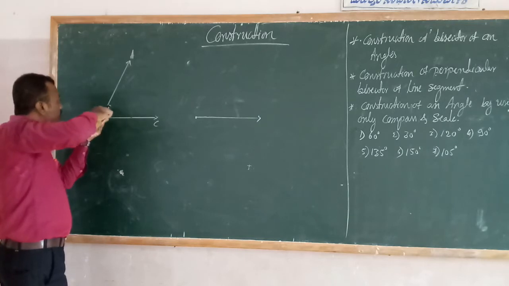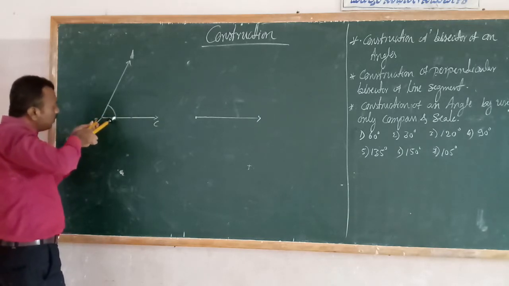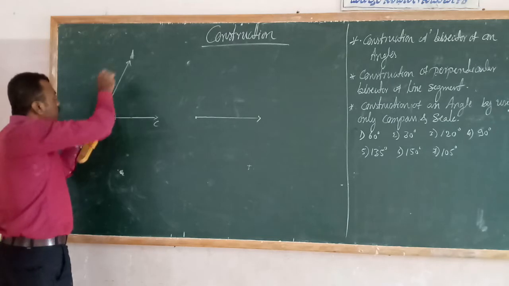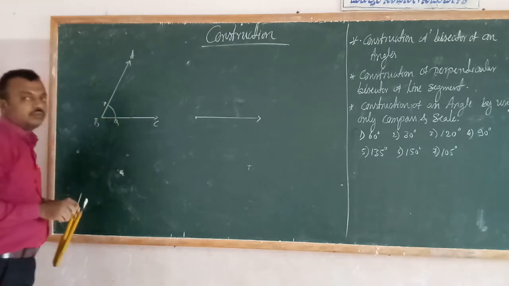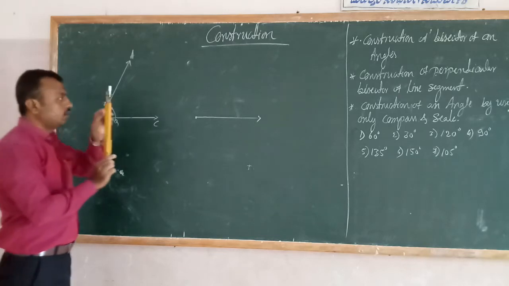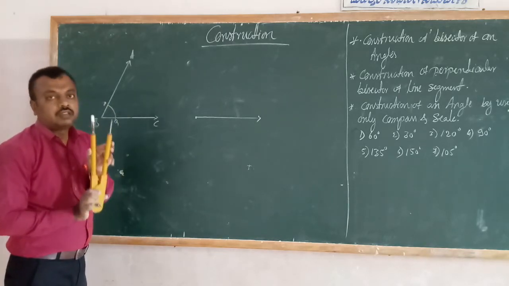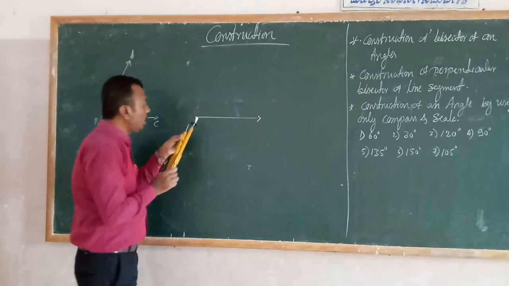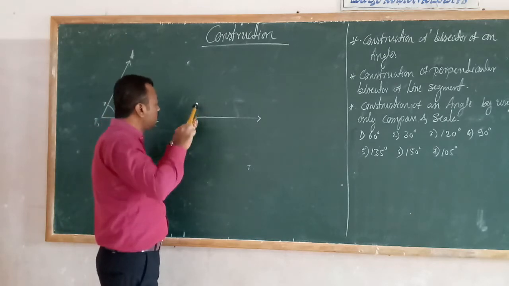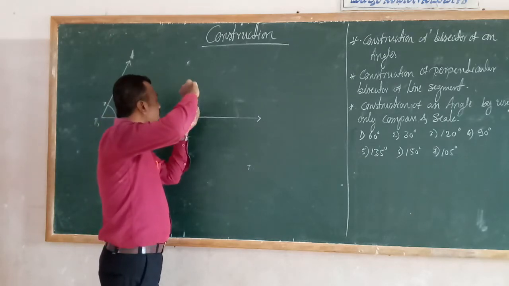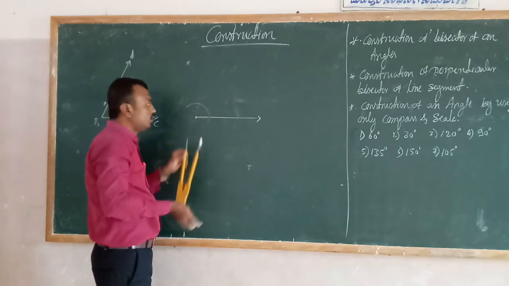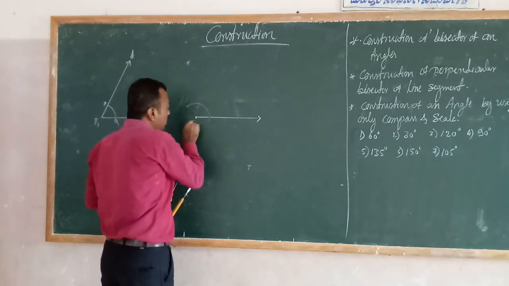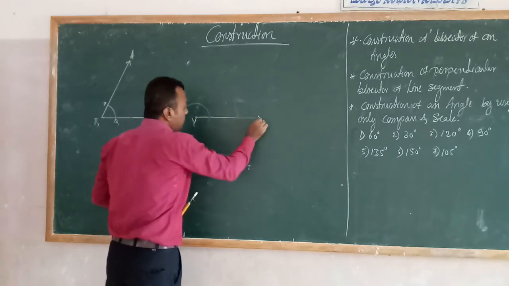This arc intersects BC and AB, so AB is intersected at the point P and BC at Q. Next students, don't disturb this compass, so we have to cut the arc on the next line. I am naming this Y and this Z.